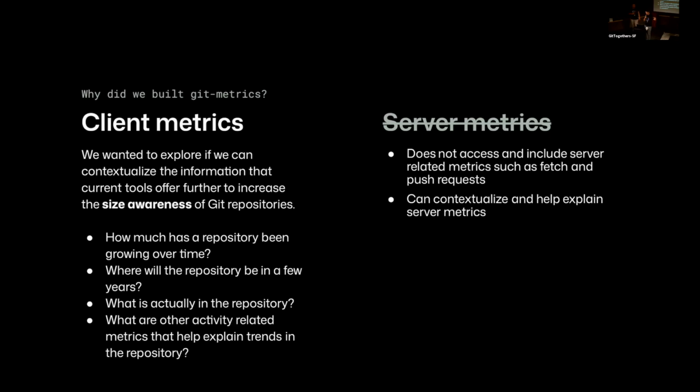It is purely a client-side tool. It does not access server-related metrics such as fetch and push requests, for example. That is also often important when looking at the whole picture. But it can help to contextualize and explain the server metrics that you see.